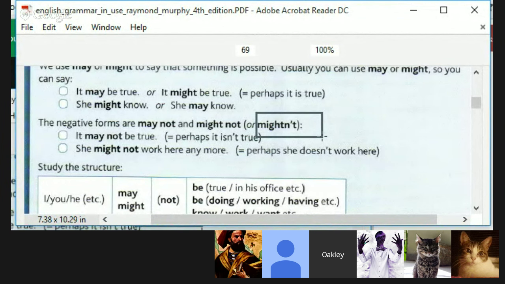There's no mayn't, it doesn't exist. So, it may not be true. We need to use the full form. She mightn't work here anymore. She might not. Perhaps. Maybe, maybe not is the idea.